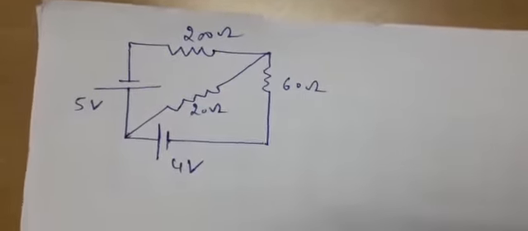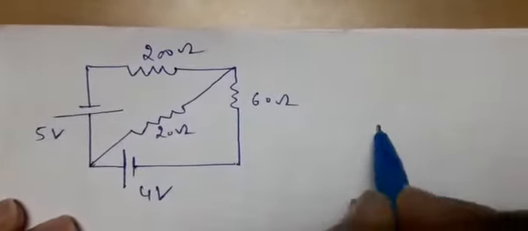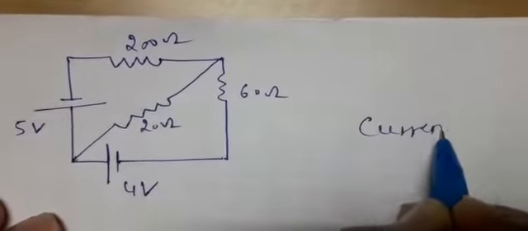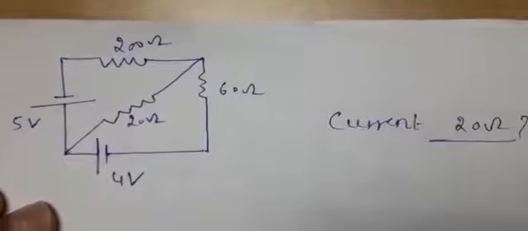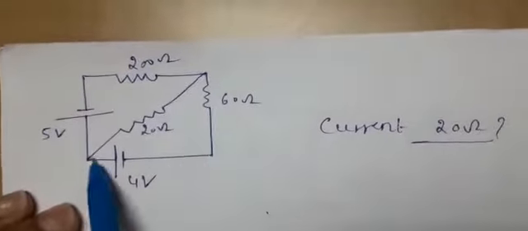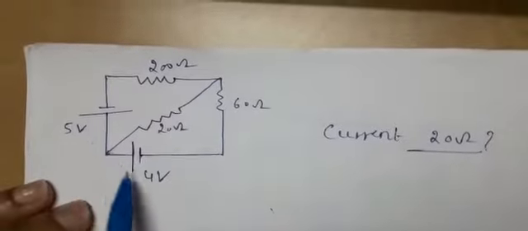Now coming to the next numerical. Here in the circuit you have to find the current flowing through the 20 ohm resistance. You have to find the current across this branch. Again, when you solve it, you see here you have two cells.